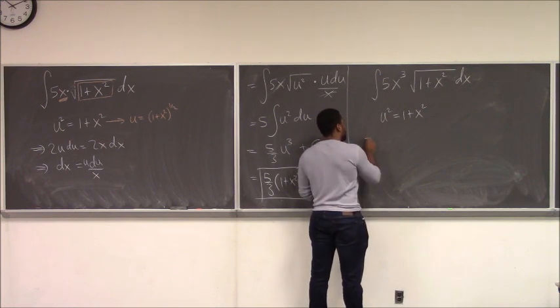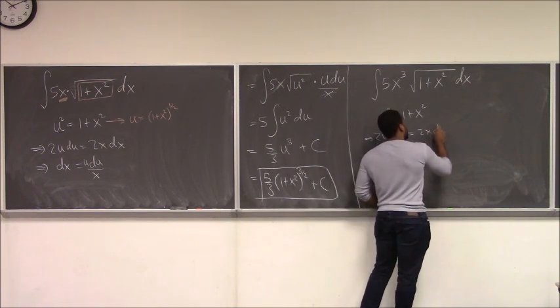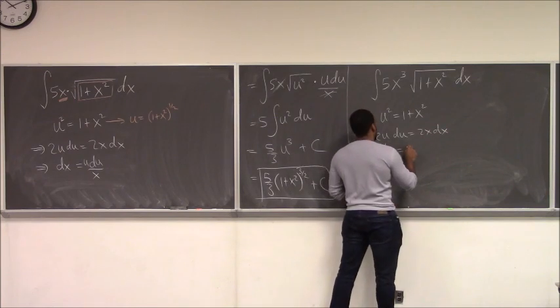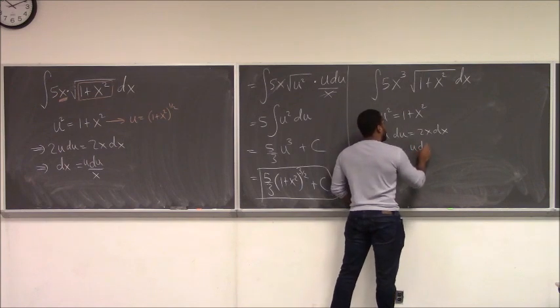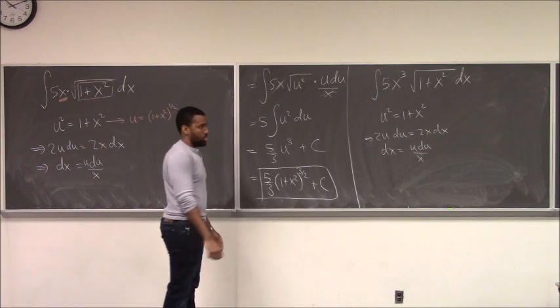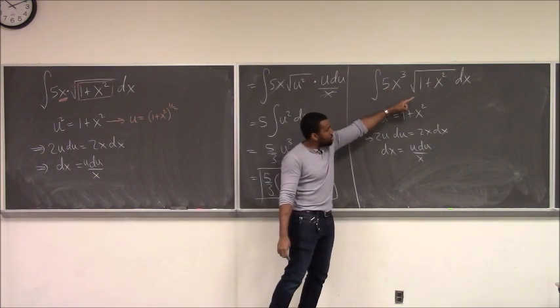and then I would do the same thing, differentiate both sides. 2u du would equal 2x dx, which means that my dx will actually be equal to u du over x. Now, noticing that this is an x cubed, it's actually a higher power than that.